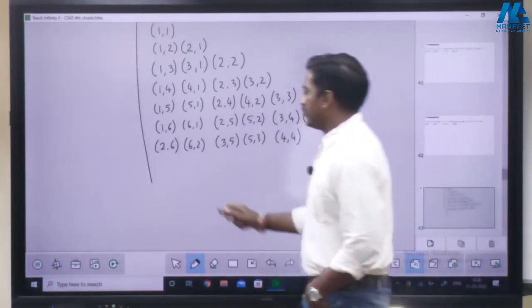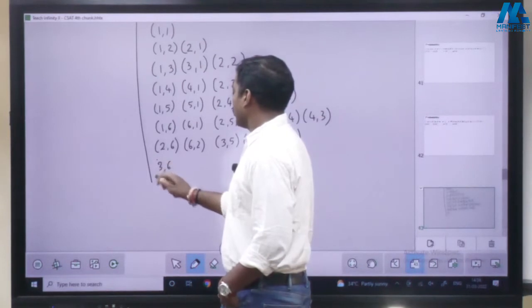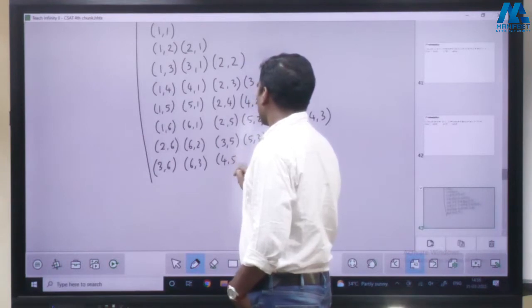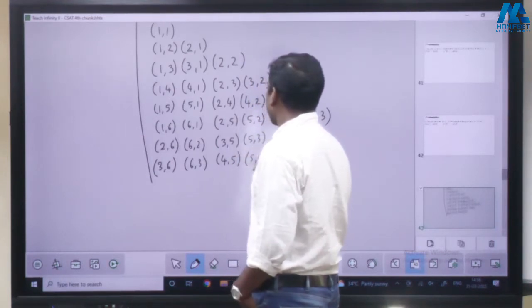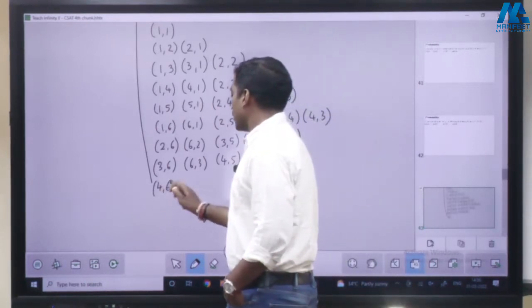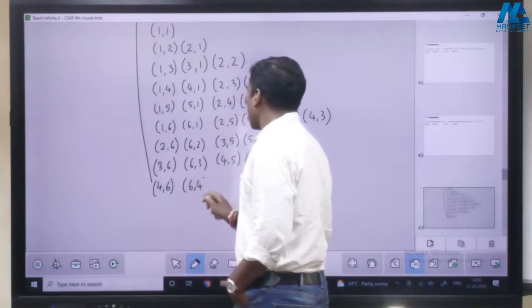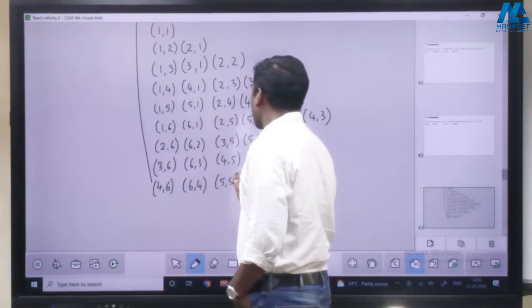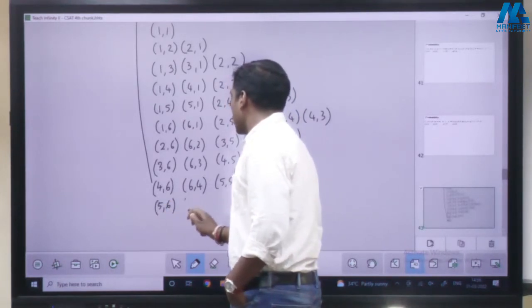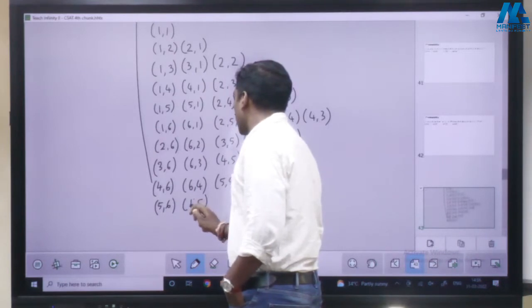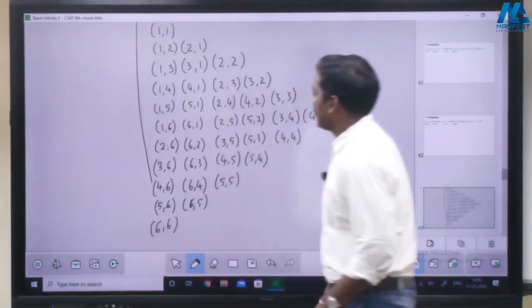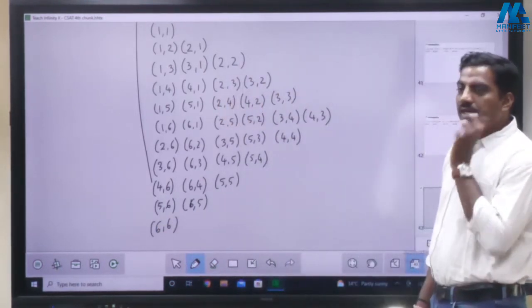For 9, for 10, for 11, for 12, see it looks like Rangoli.